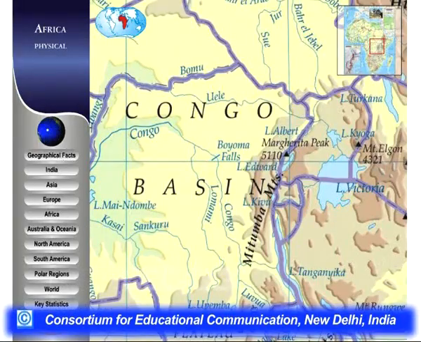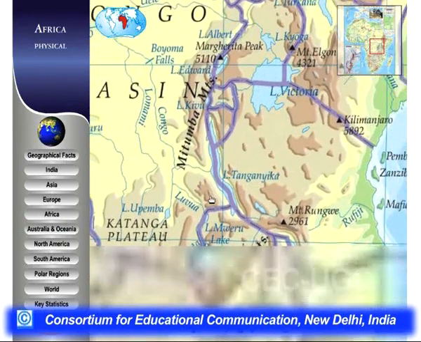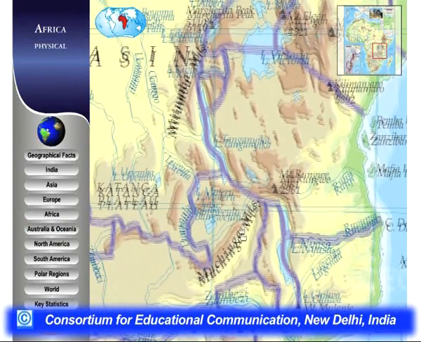Then lakes are also found when a fault or rift is filled up by water. They're called Rift Valley lakes or fault lakes, and the longest and largest fault lakes occur on the African continent.